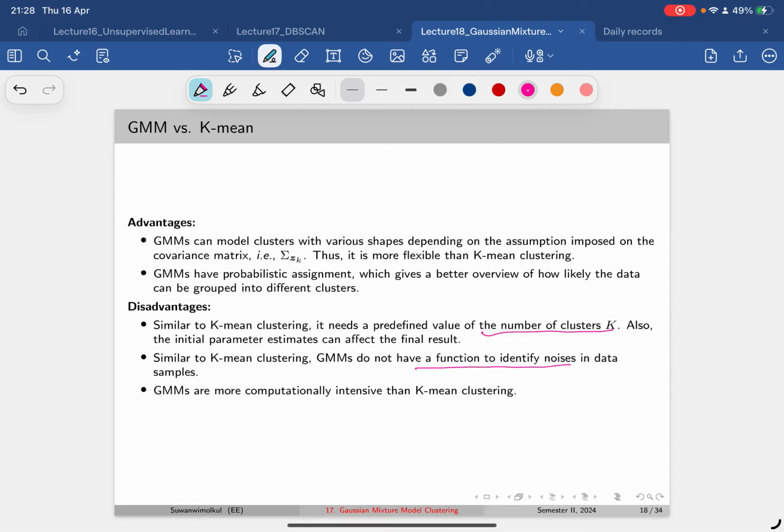one thing that they don't have is the function to identify noise, which is something that DBSCAN has. I encourage you to search over the topic yourself on your own time. However, I think you all can guess that GMM is probably much more computationally intensive than k-means clustering, because k-means clustering only tries to estimate the new centroid, which you can think of as the new mean value of each conditional Gaussian distribution.